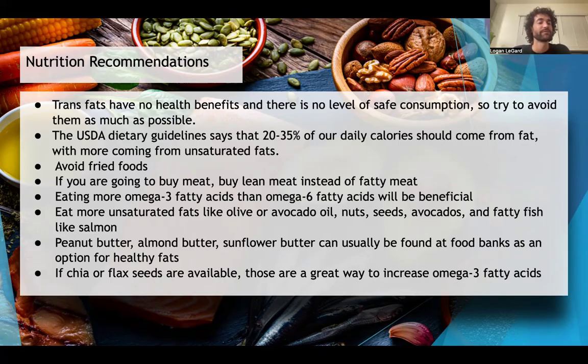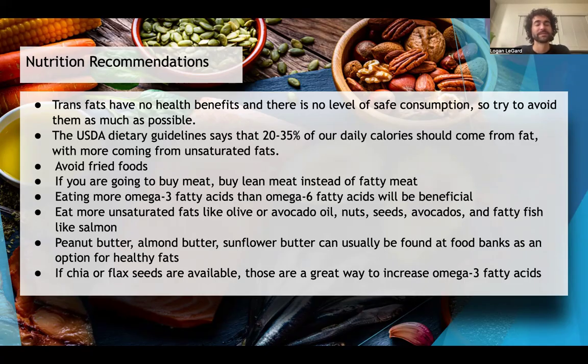We want to try to avoid fried foods. And if you are going to buy meat, buy lean meat instead of fatty meat. Eating more omega-3 fatty acids than omega-6 fatty acids will be beneficial, and eating more unsaturated fats like olive or avocado oil, nuts, seeds, avocados, and fatty fish like salmon.